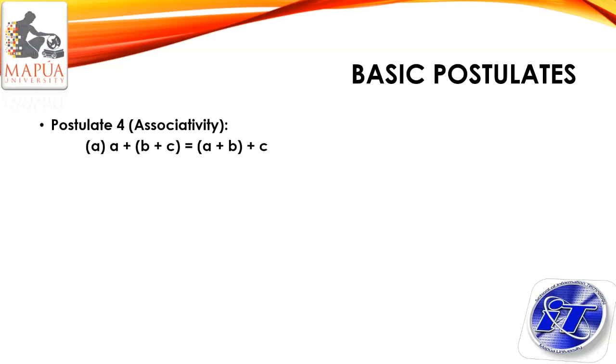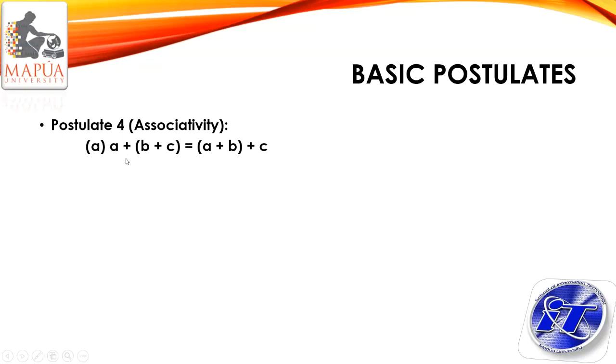Now let's move on with postulate 4, associativity, association of variables. A plus B plus C: as you can see here, B is associated to C. As long as the operators or the operations are the same, we could change or alter the association.